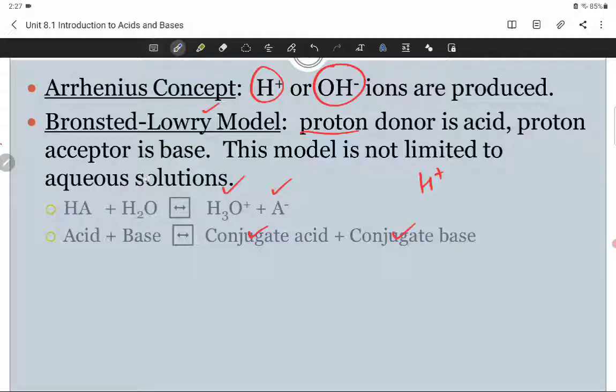Let's erase these items that I had, and if you notice, the HA is only one H positive away from the A minus, and the H2O is only one H positive away from the H3O positive. The items that are one H positive away from each other are pairs. And one will be an acid, the other one will be a base. If it's on the left-hand side, acids and bases. If it's on the right-hand side, conjugate acids and bases.